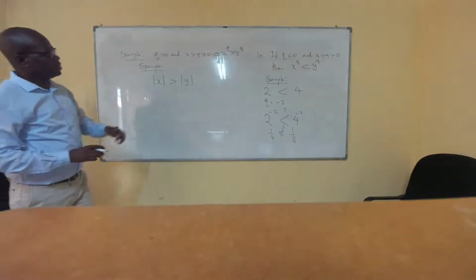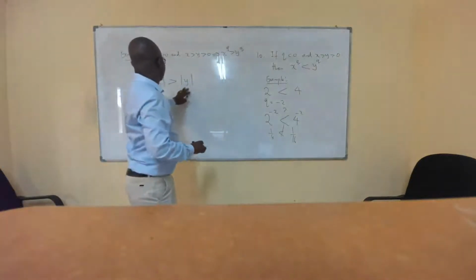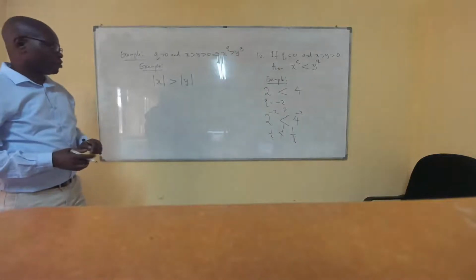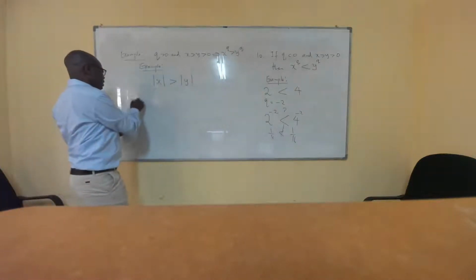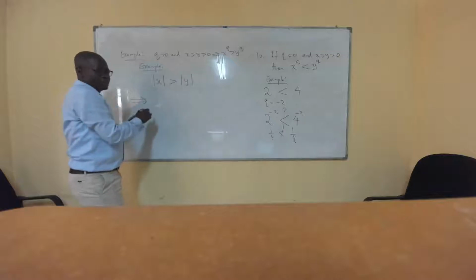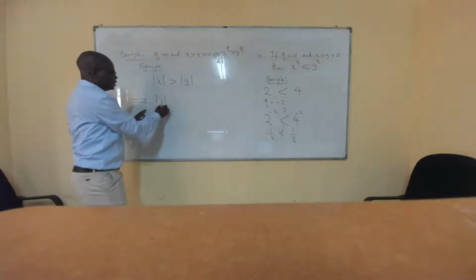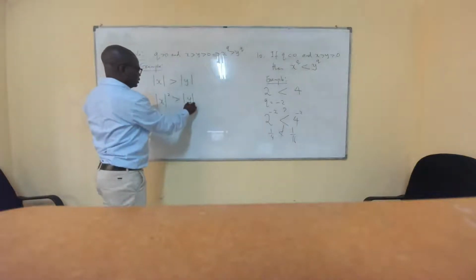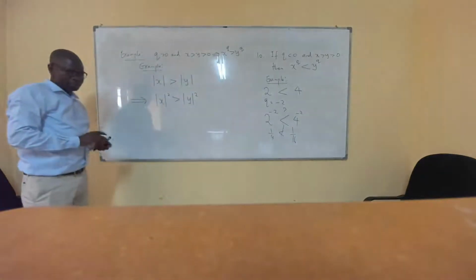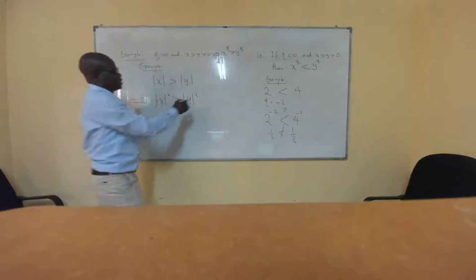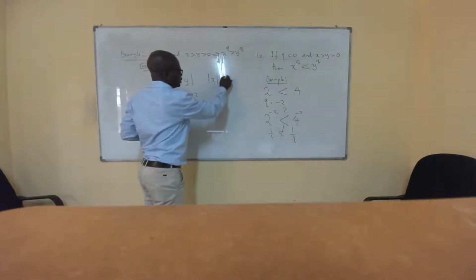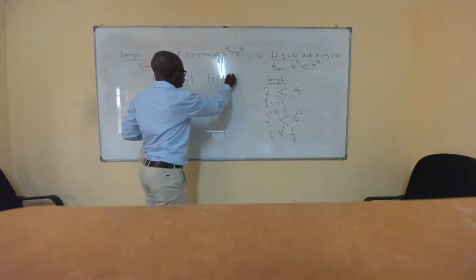According to this result, because we know these are non-negative reals involved, then I can happily do whatever I want. I can raise both sides using q equal to 2. I can write like this without problems. But we know the absolute value of x is the same as, if you have a 2 here, you can also write like this.